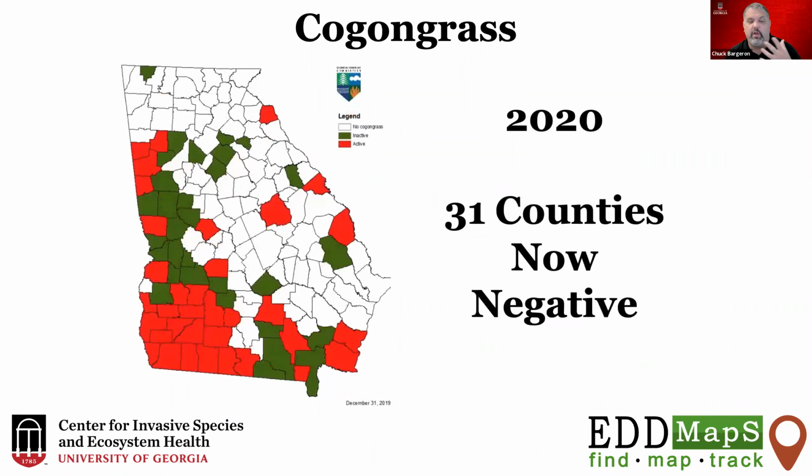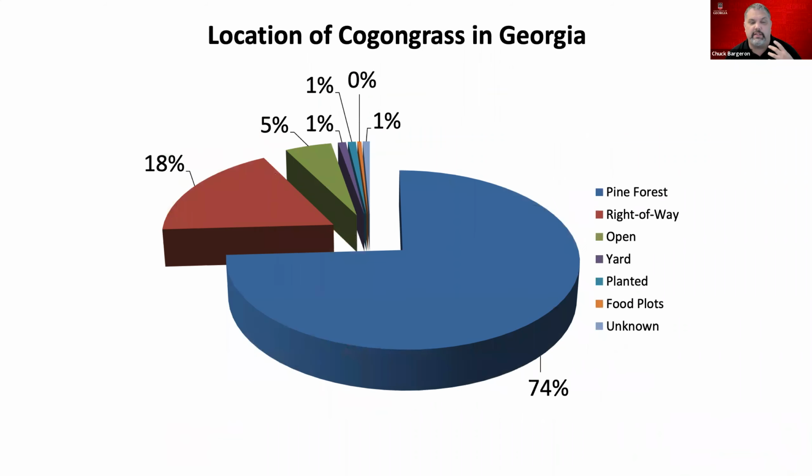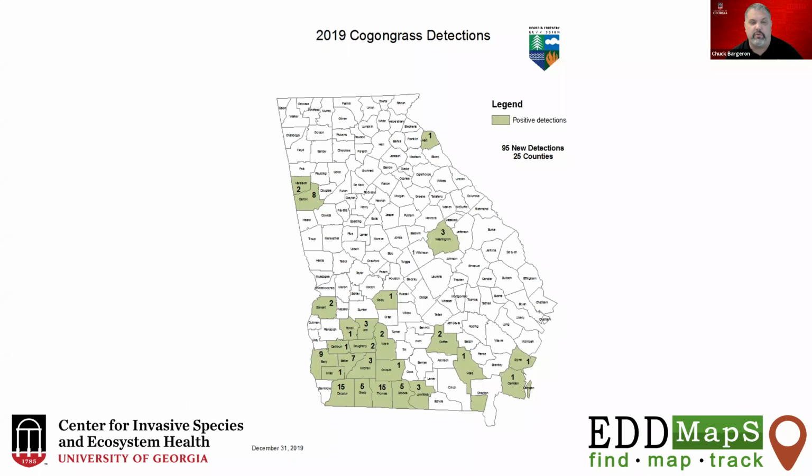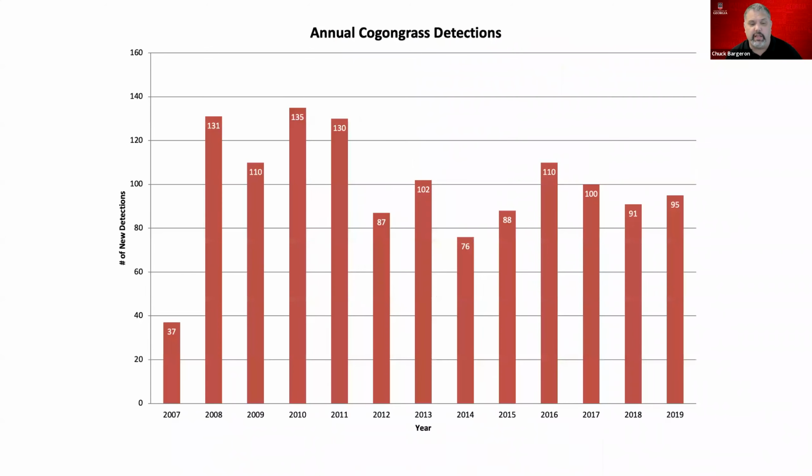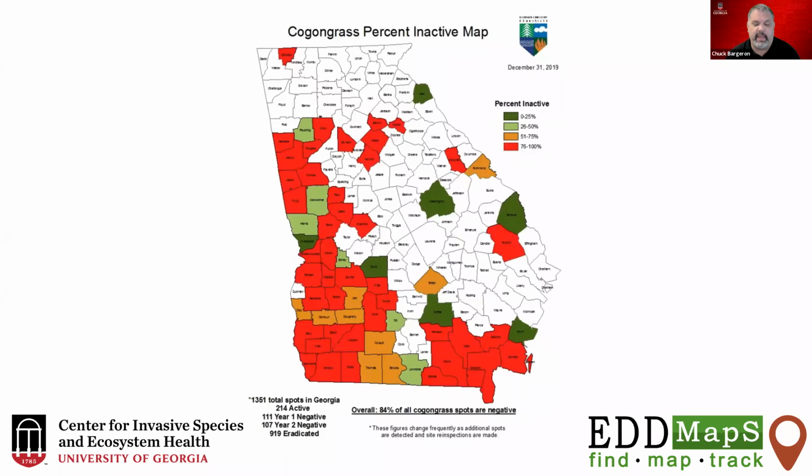But what was able to happen is the Forestry Commission, working with the U.S. Forest Service, was able to get in and treat these populations, with more awareness and more knowledge of where it was, and ultimately able to really decrease it. They kept the level of new documentation of spots going, but ultimately were able to show some success.